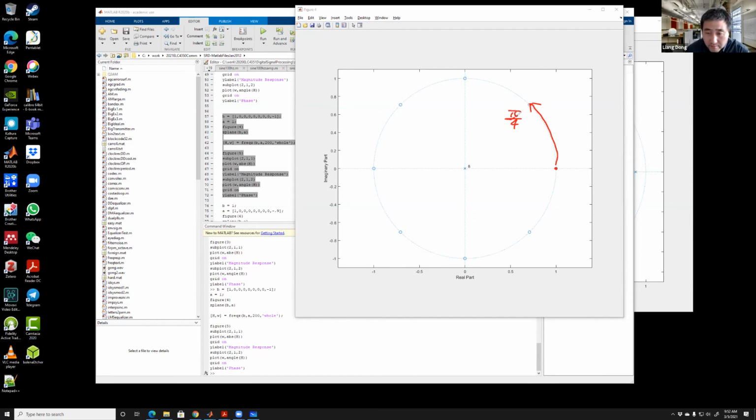But in the digital world, we know that's a frequency pi over 4. This is a frequency pi over 2. And when you move here, that gives you all zeros. So that gives you this X(z) or H(z) if it's a system. That gives you this value equal to 0, exactly on those 8 points, right?